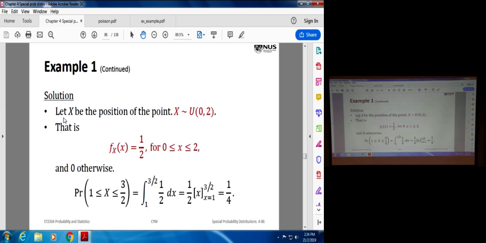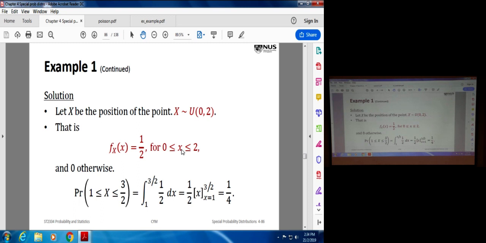So x is the position of the point, and as I said, it's uniformly distributed on 0, 2. That is to say the PDF is 1 over 2 minus 0, that is 1 over 2, for x in the closed interval 0 to 2, and 0 otherwise.